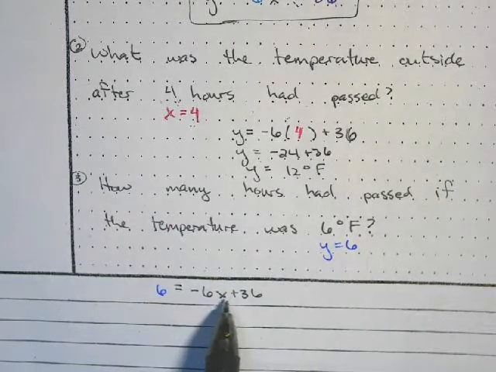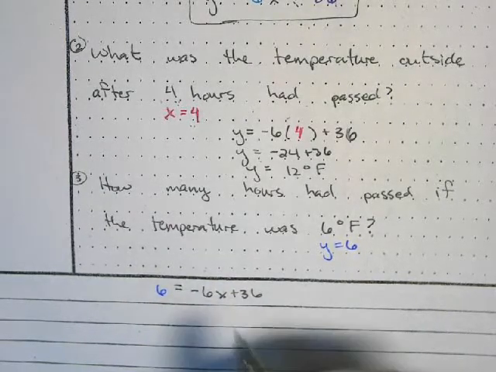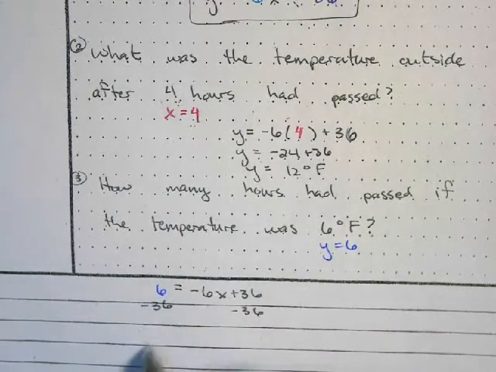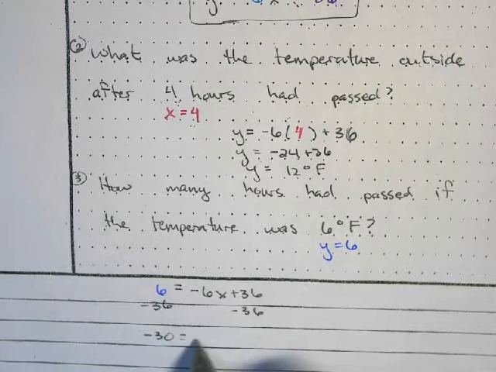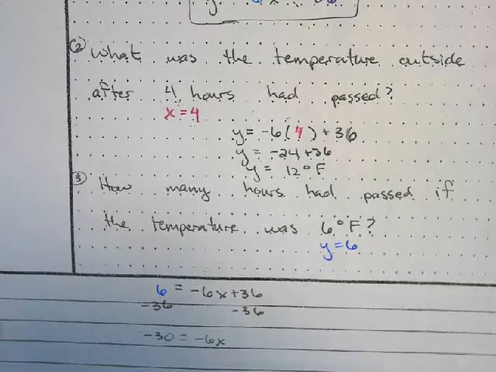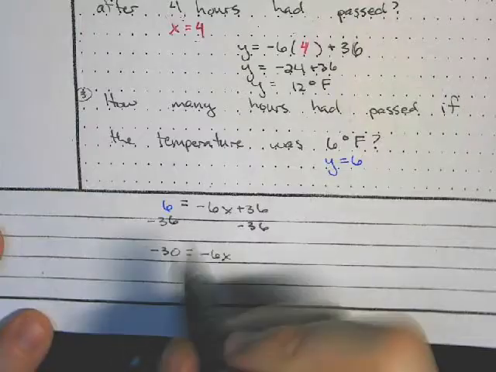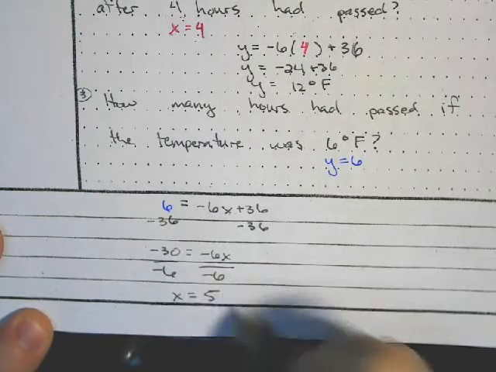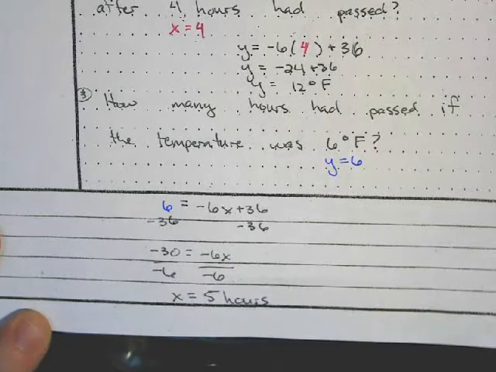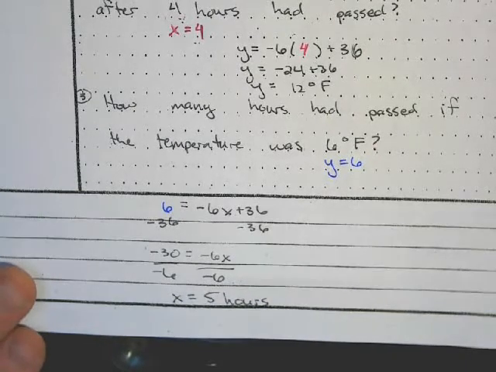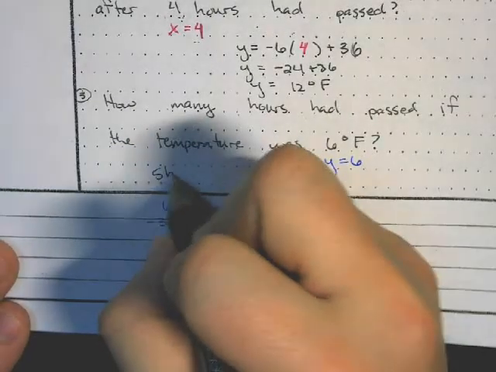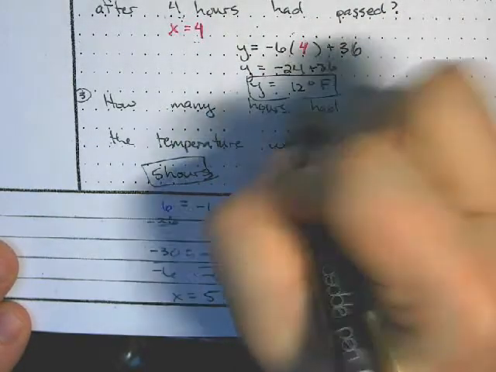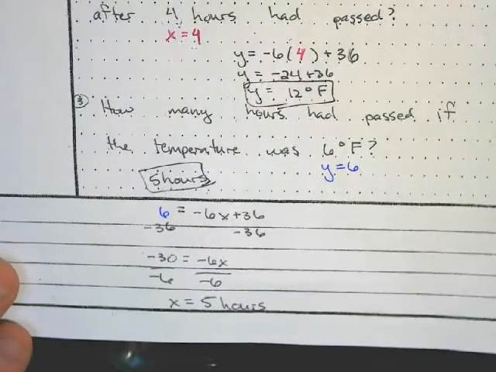And now I'm just trying to solve for x. So we'll subtract 36. And we get -30 equals -6x. Divide both sides by -6, and we get x equals 5. So it took 5 hours for it to reach 6 degrees. Like so.